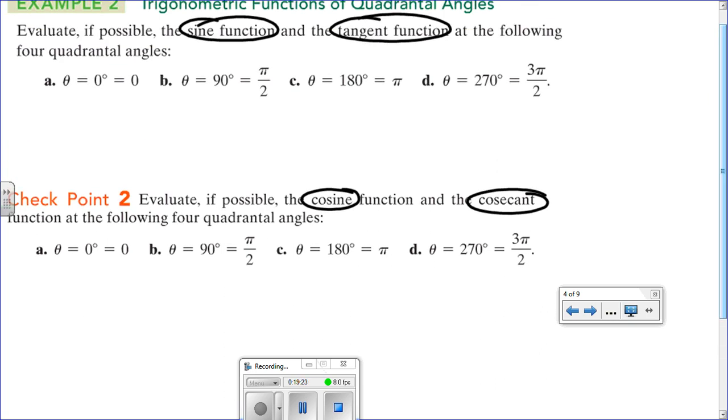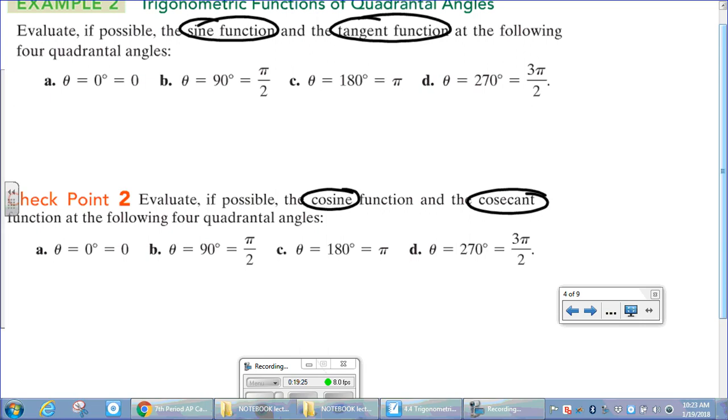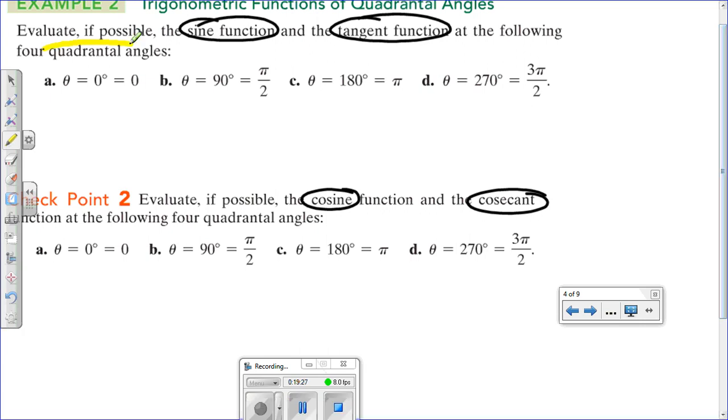Also, by the way, these are called the quadrantal angles, the angles for which the terminal side is on the x or y axis. So 90, pi over 2, 180, which is equivalent to pi, 270, which is 3 pi over 2.